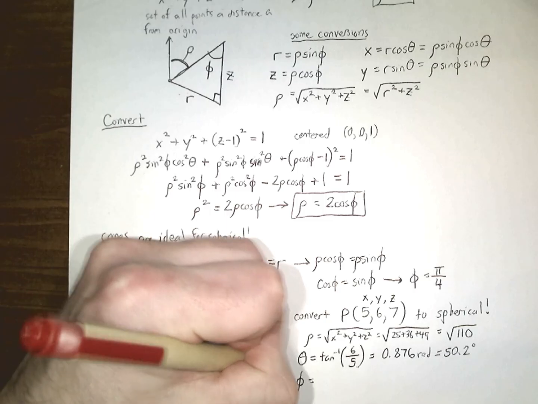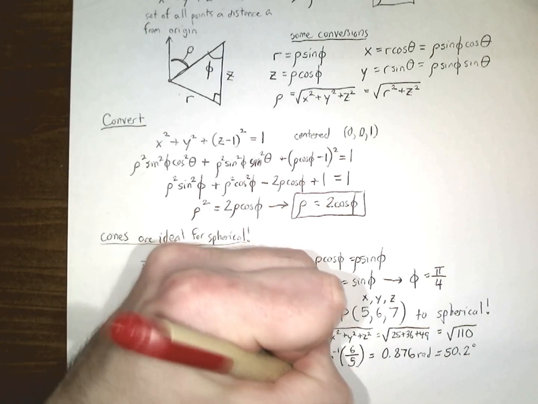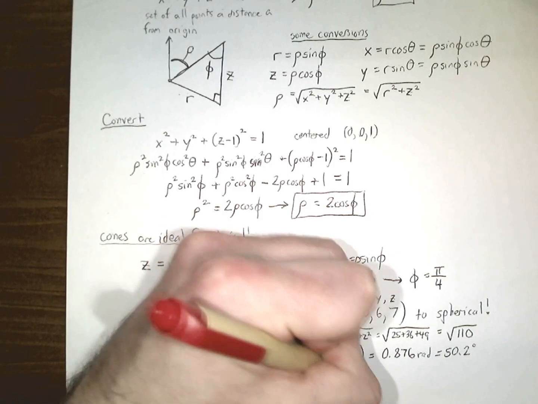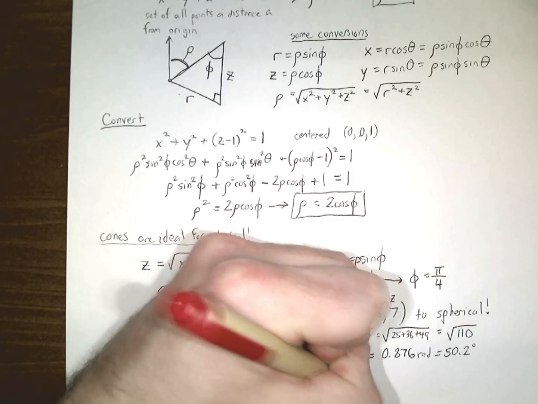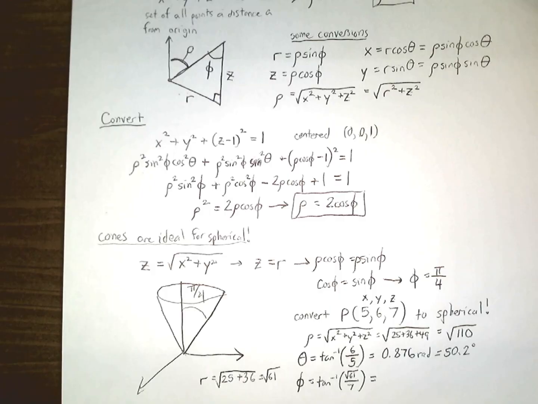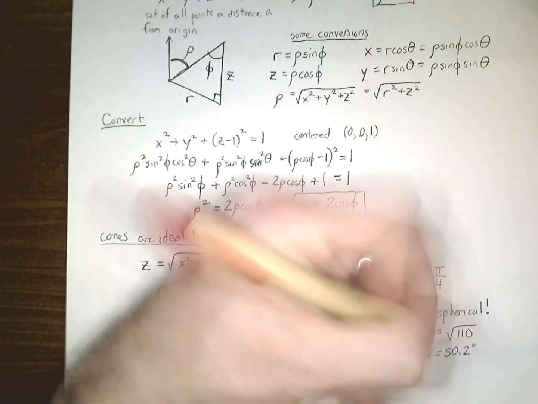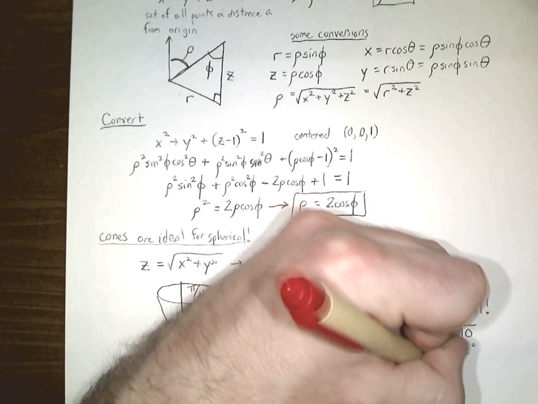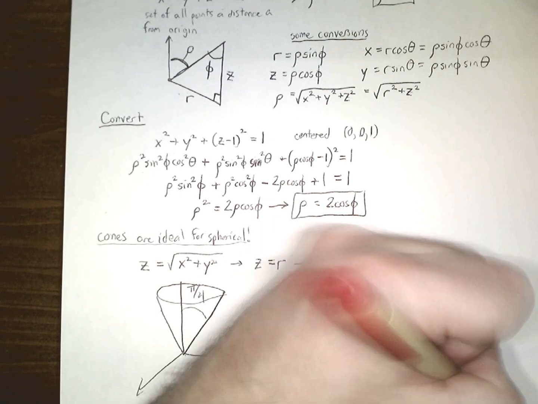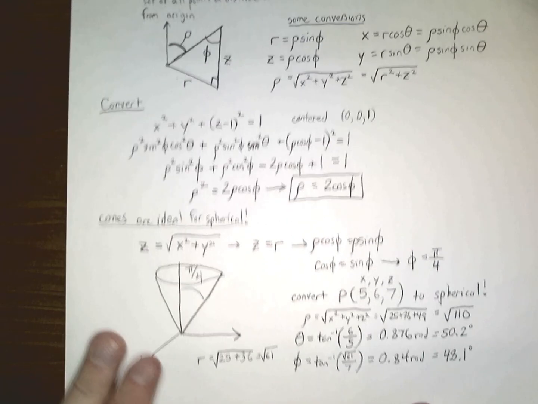So r here is the square root of 61. So we take that r value with the z value that's given to us, 7. We do tan inverse root 61 over 7. Not the nicest set of numbers there, but we can put that into our calculator and we get something like 0.84, almost exactly, radians. And that converts to an angle of 48.1 degrees.